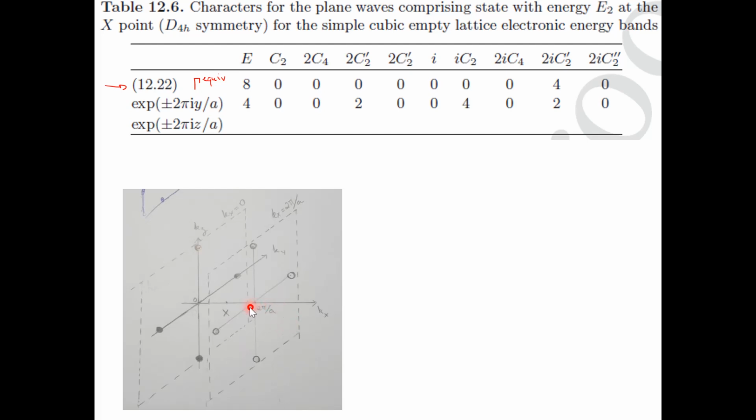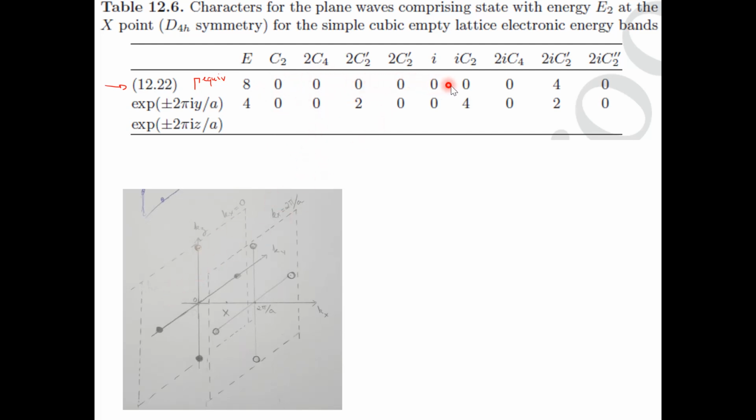So you can go ahead and check that. But for instance, C2 is a pi rotation about the kx axis, and you can see that it shuffles all the reciprocal lattice vectors. So the character is 0 here. The same for C4. The same for C2 prime.